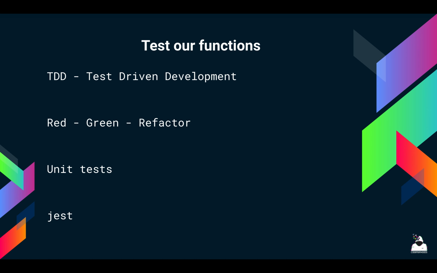We know the number that we should be getting back, so we're already doing red-green refactor here. We're already starting off with something that's running our function, and we're expecting a value, but it throws an error or it doesn't give us the correct value. So our test was failing.